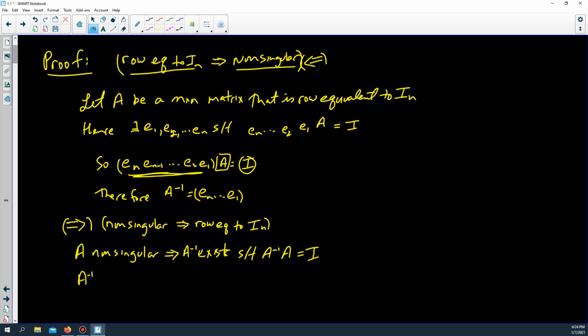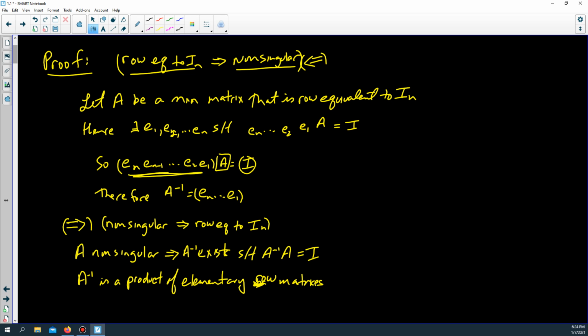But A inverse, any matrix, is a product of elementary matrices. Elementary, let's call it row matrices.